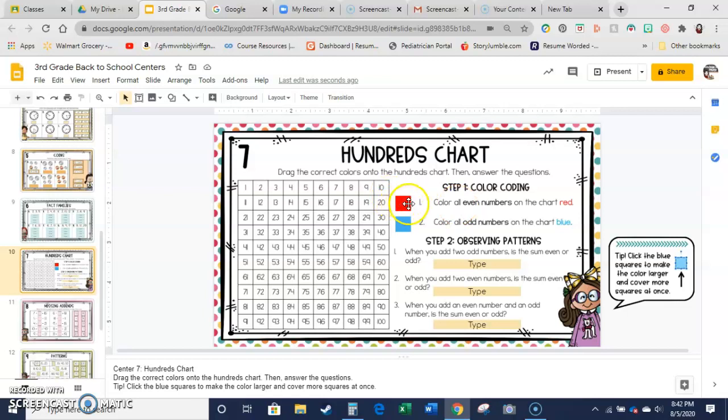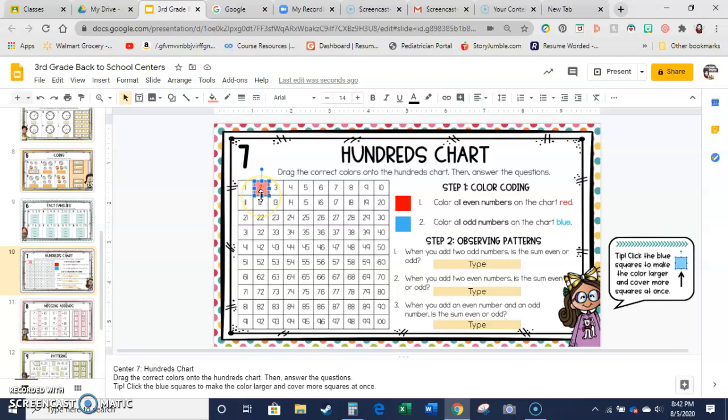So we're going to take our cursor and hover it over the red and then click on it and go ahead and color all our even numbers on the chart red. Now watch as I drag it down using the little blue spot.